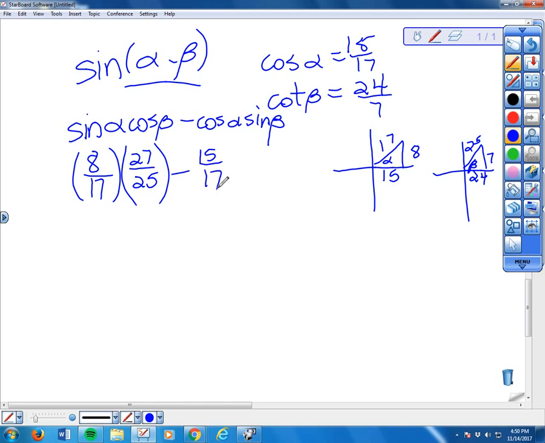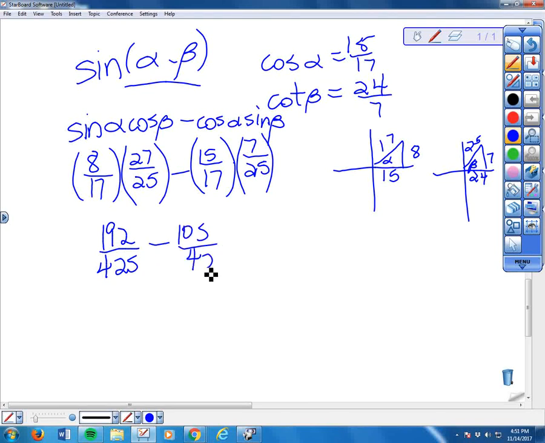Sine beta is, that way, 7/25. Just multiply through now. I'm going to have the same denominator. This becomes 192 over 425. And I'm subtracting 105 over 425 to get 87 over 425. And that's the answer to 7.